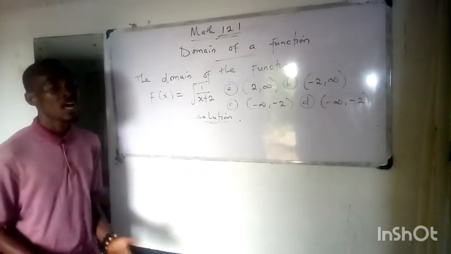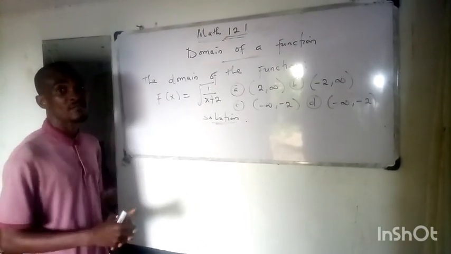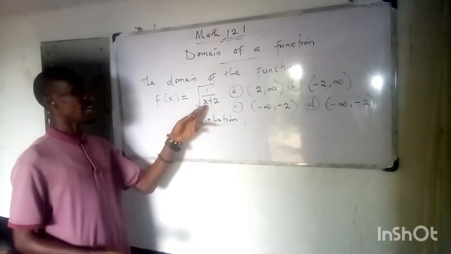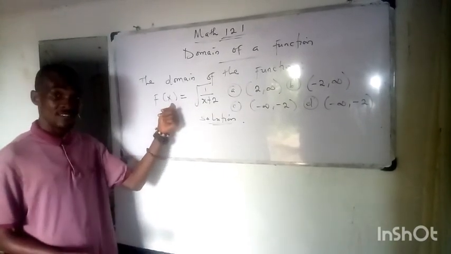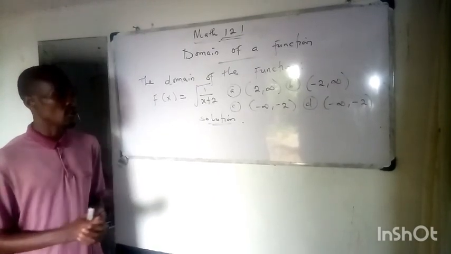Remember we said, based on the concept of function, that the values of the independent variable, that is the values of x, since this is a function of x, is actually what we call the domain of the function.